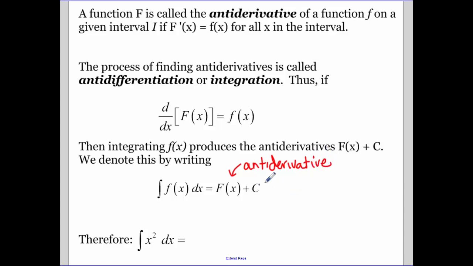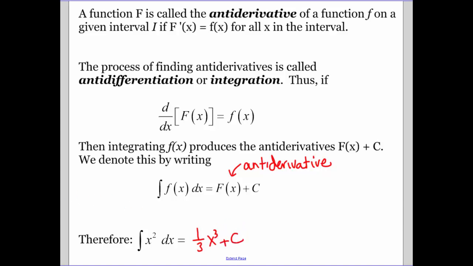And don't forget your plus c. That's important. So the integral of x squared dx, remember this is the derivative. What function's derivative is x squared? That's 1/3 x to the third plus c.